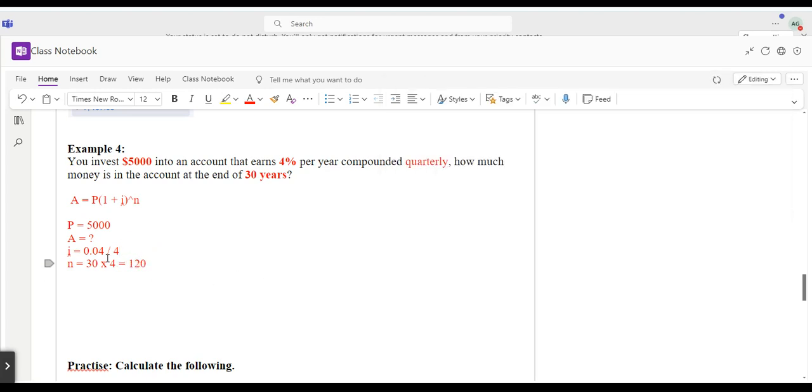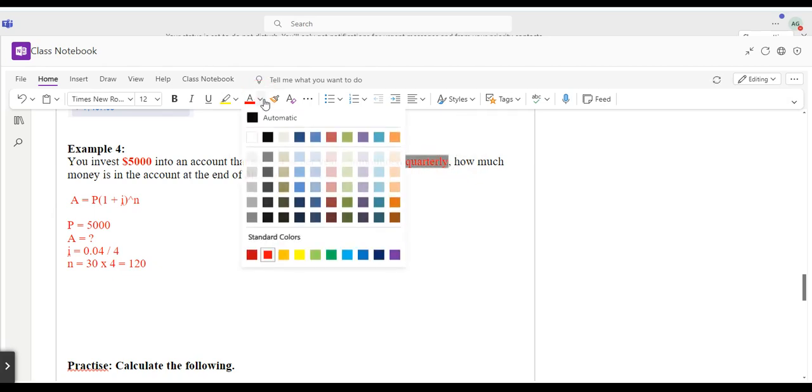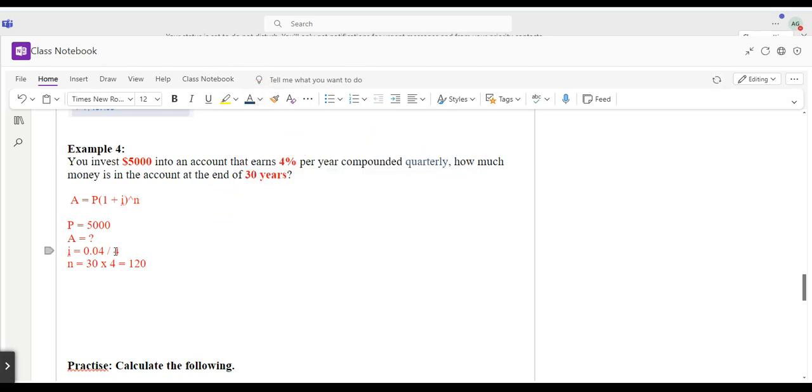Okay, and just for color coding purposes, I will color code this blue, and I'll color code this dividing by 4 and multiplying by 4. And I guess I should do the whole thing. And so using our formula from above, we say A is equal to, instead of P, we will write 5,000.